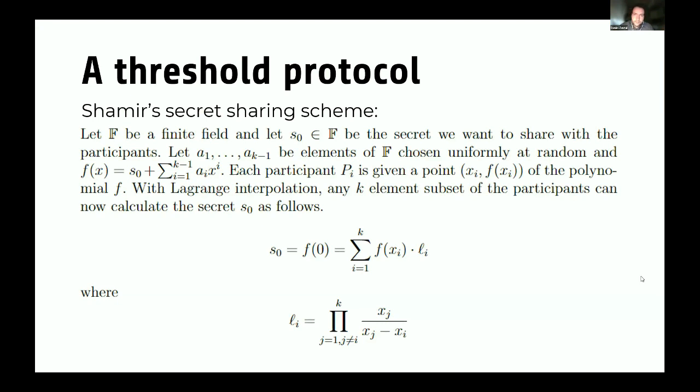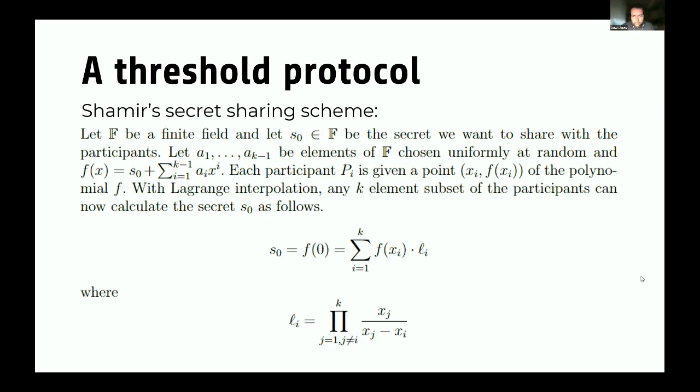Each participant, P_i, is given a point of this polynomial, x_i, f(x_i). So everybody just gets one single point of the polynomial. And with Lagrange interpolation, any k-element subset of the participants can recover the polynomial, and therefore they can recover the constant value of the polynomial, which is the secret itself, like this.